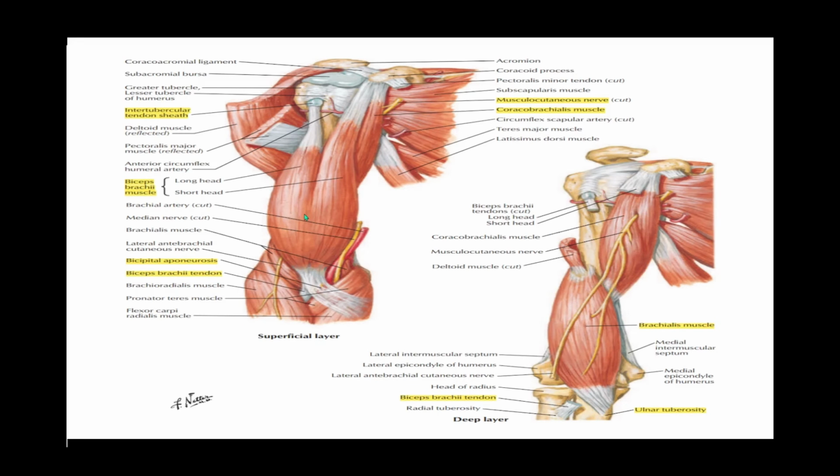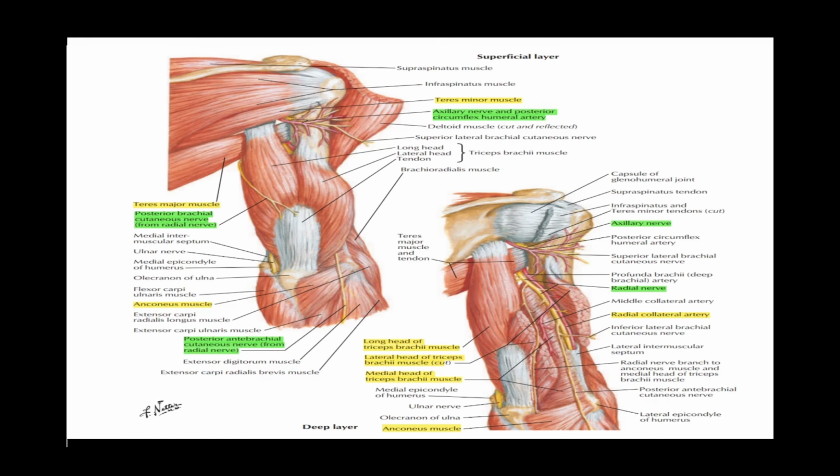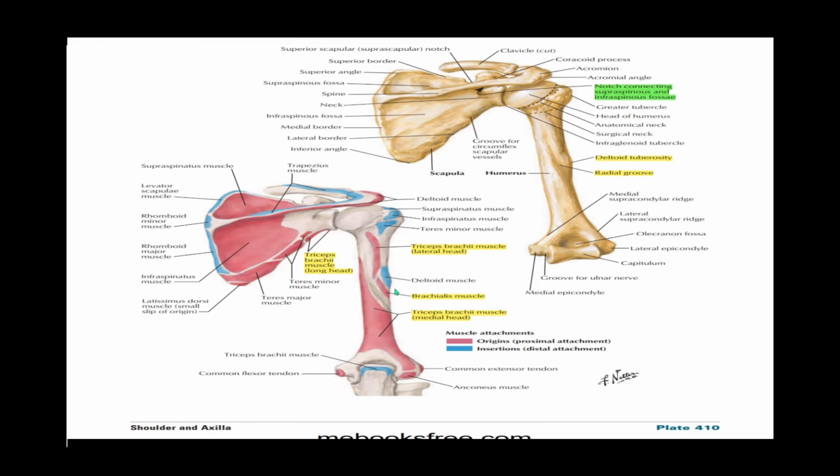So this is a very good revision. Let's just revise this posterior compartment again. We have a long head of triceps coming from the infraglenoid tubercle of the scapula. We have our medial head of triceps, extensive origin. We have a slip origin. If you look at it, it's like a slip. It's not very wide, isn't it?